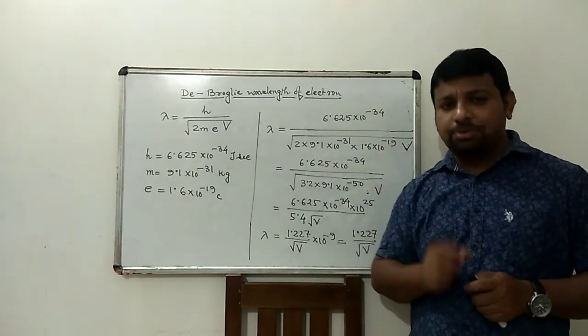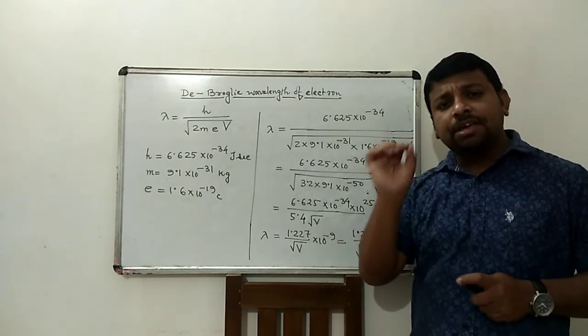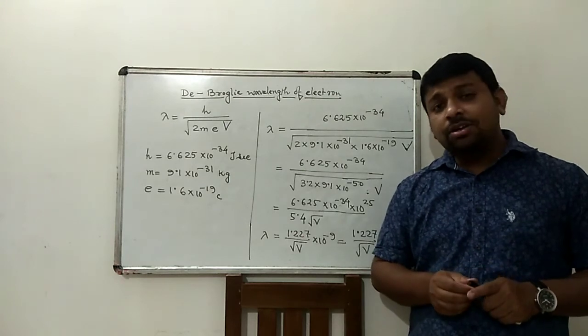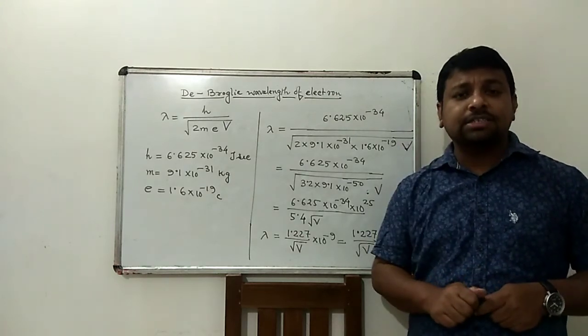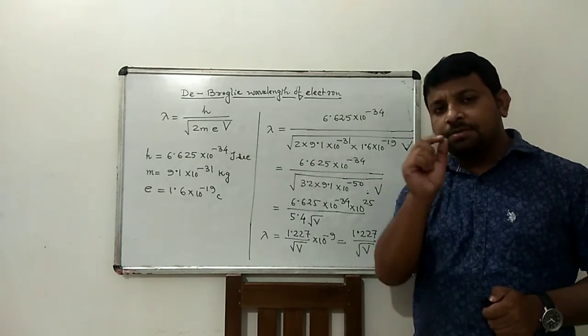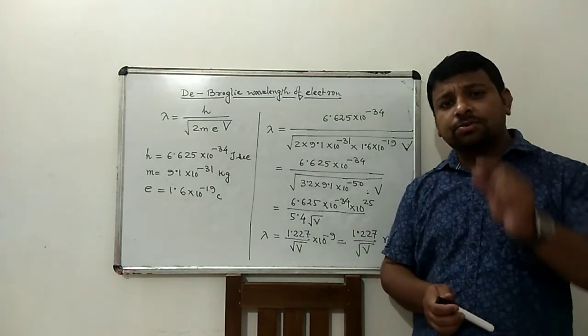So if V can be 0, then lambda tends to infinity. So this de Broglie wavelength is associated with a moving particle. First point: de Broglie wavelength is associated with a moving particle.